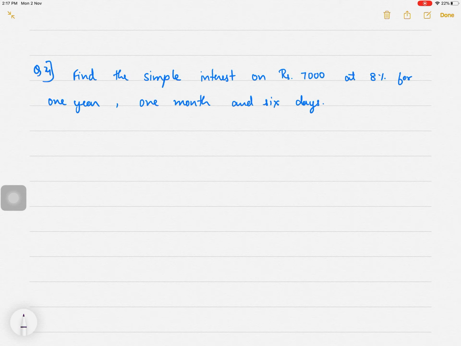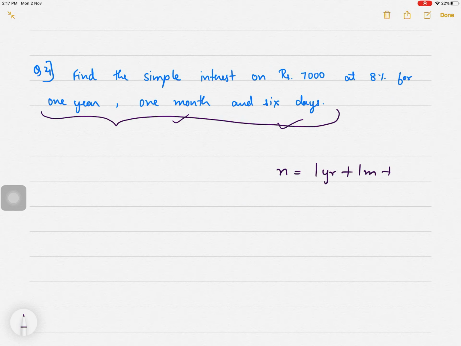Find the simple interest on rupees 7,000 at 8% for 1 year, 1 month and 6 days. Okay. Now here the period is 1 year, 1 month and 6 days. Okay, so let's convert this 1 month and 6 days also in terms of years. So N is equal to 1 year plus 1 month plus 6 days.